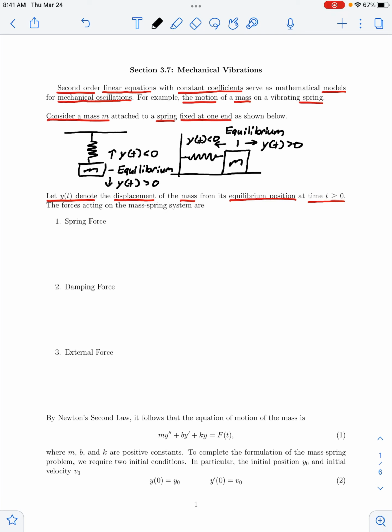So let's see if we can develop a model for the motion of this mass spring system. To do this, we're going to consider the different forces that are acting on this system, the first of which being the spring force. Now we know that the spring force follows Hooke's law. So by Hooke's law, I know that the spring force is proportional to the displacement.